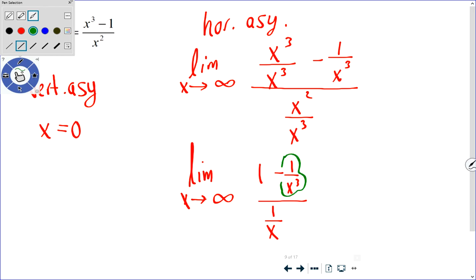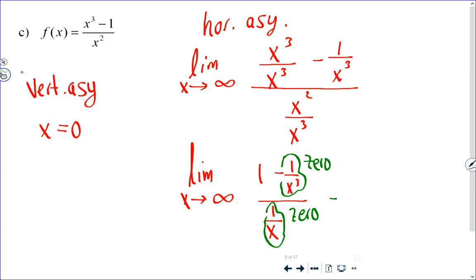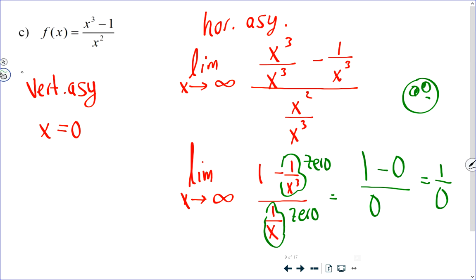This fraction and this fraction both become 0 at infinity, which means that this is equal to 1 minus 0 over 0, which is equal to 1 over 0, which doesn't exist. Well, what happens here is when you divide by 0, you get infinity. But in terms of a horizontal asymptote, if the graph is taking off to infinity vertically, then there's no asymptote.